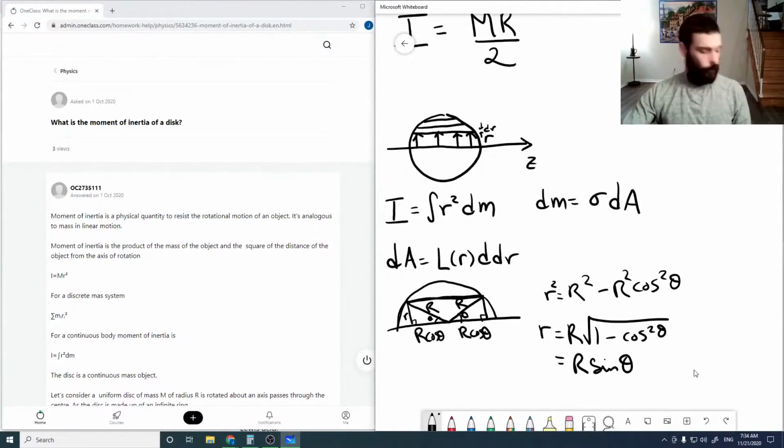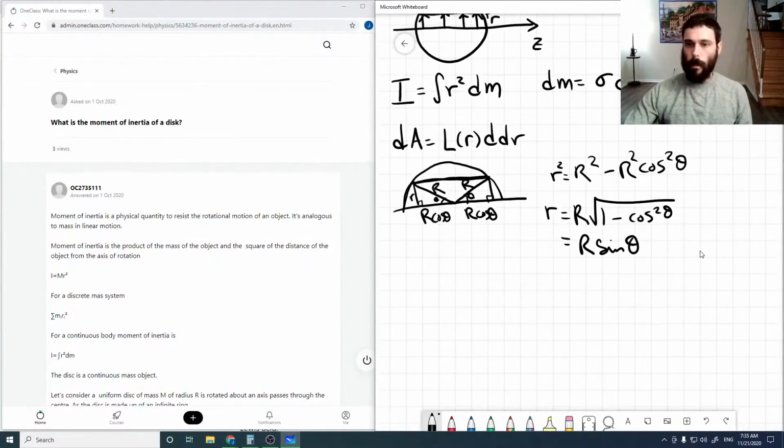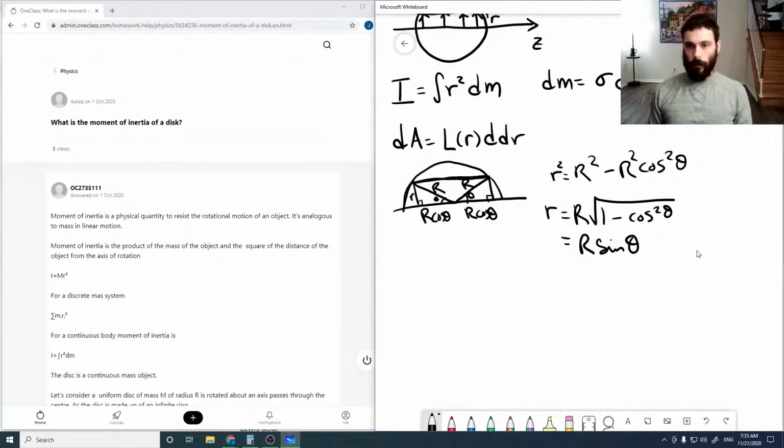So using that for our r, and using our length now, so now we just need to, I've got two d's there that I didn't notice before. Using that for our r, using our length as 2R cos theta, and now we need to turn our dr into a d theta.